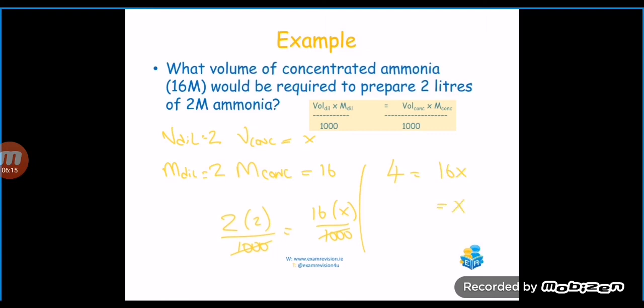So x is equal to 4 divided by 16. So x is equal to 0.25. So I need 0.25 litres. 0.25 litres is 250 centimetres cubed. That's the volume that you would need of 16 molar ammonia to make 2 litres of 2 molar ammonia.